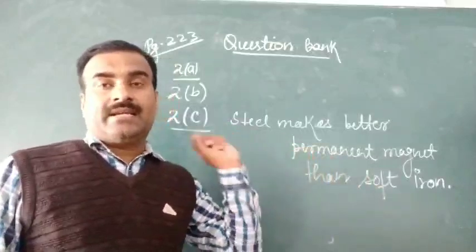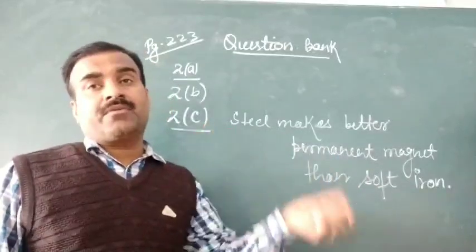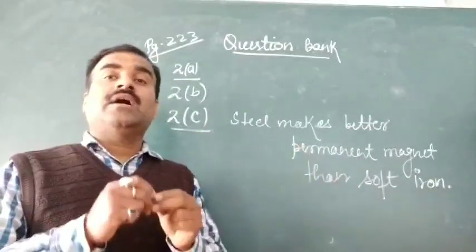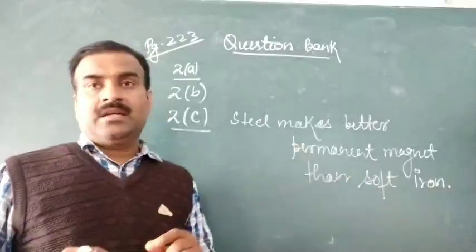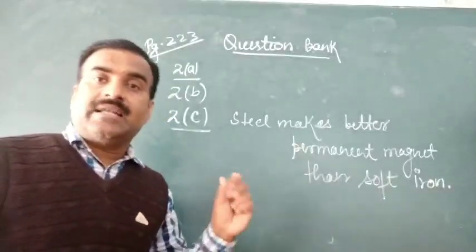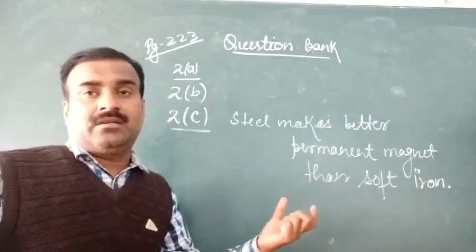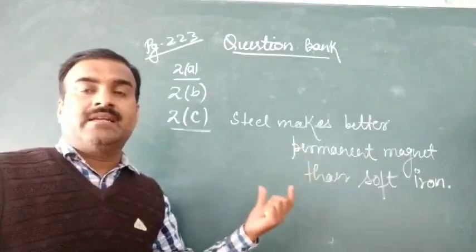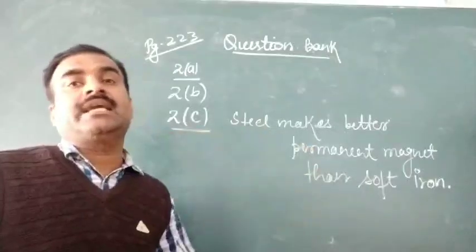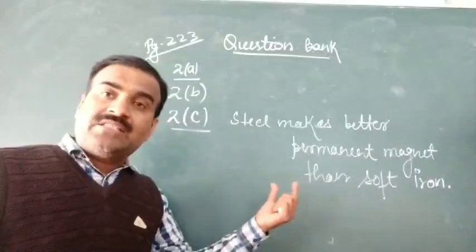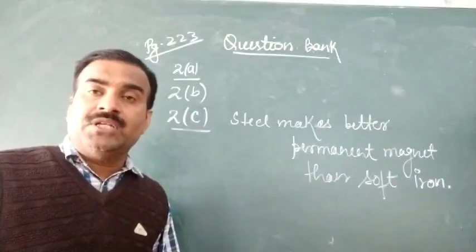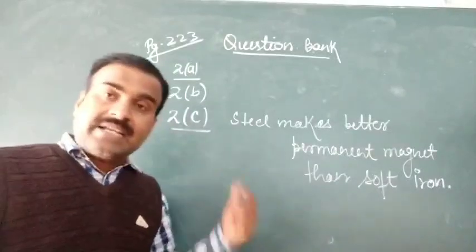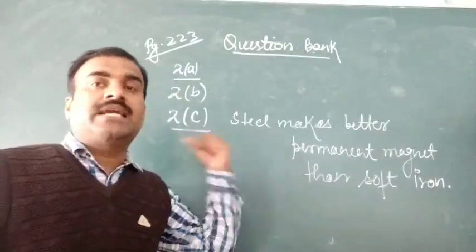That's why steel will behave as a permanent magnet. Now come to soft iron. Once we magnetize soft iron, it will be arranged in a chain, but the movement will be a little less in comparison to steel. That means the force of attraction between the molecules will be less than in steel.